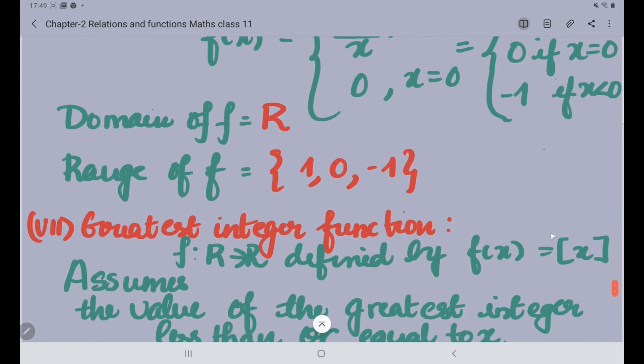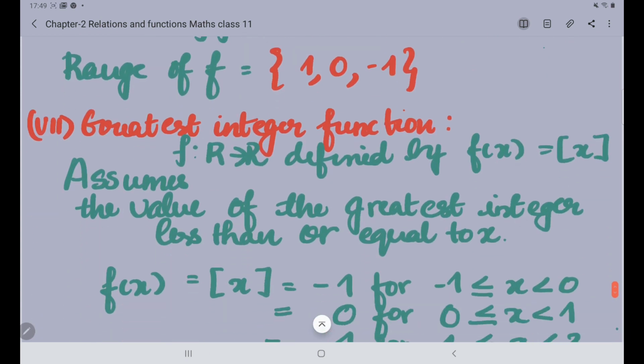Now, what is the greatest integer function? The real valued function f is a function from R to R defined by f of x is equal to x in square brackets. Then it assumes the value of the greatest integer less than or equal to x.